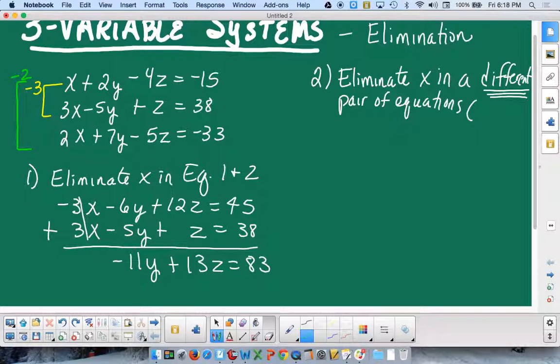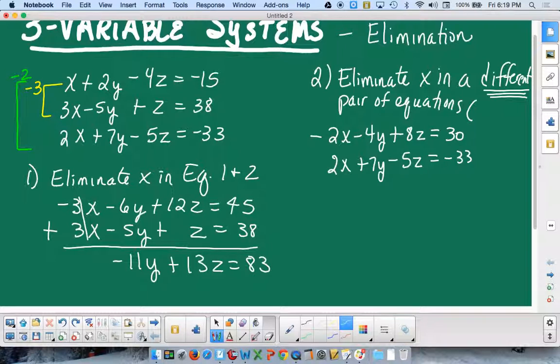So I'm taking the top equation times -2, which would give me -2x, -4y, positive 8z, and a positive 30. I'm going to leave the third equation alone and just copy it down. And once again, my x's should eliminate. For the y's and z's I get 3y plus 3z equals -3. Wow, that's a lot of 3's.